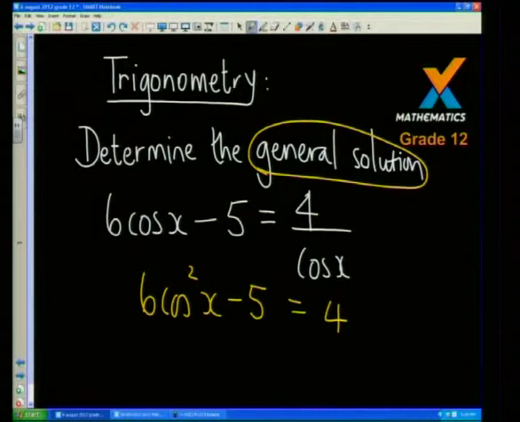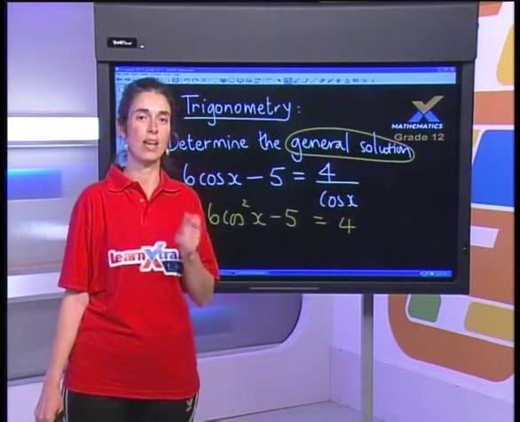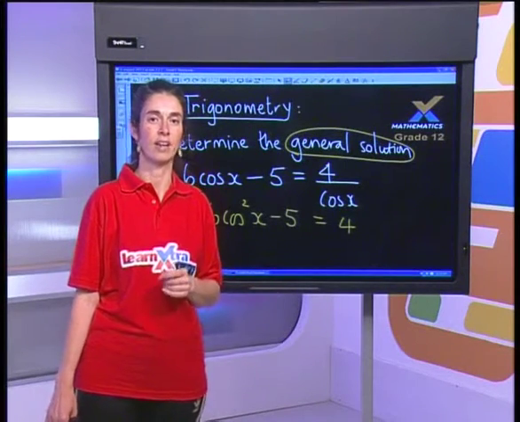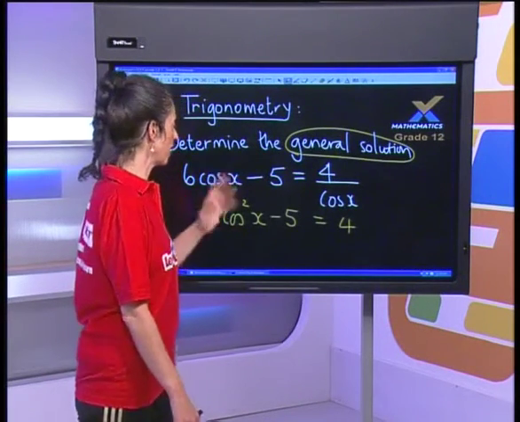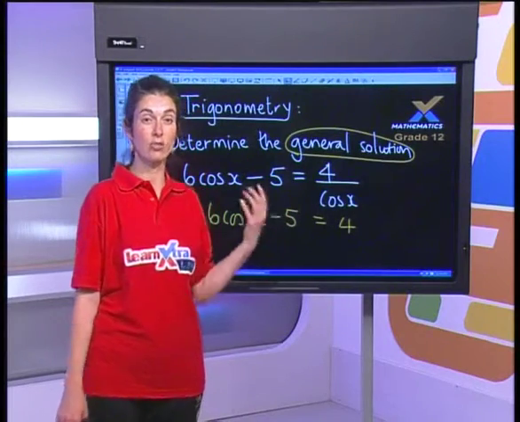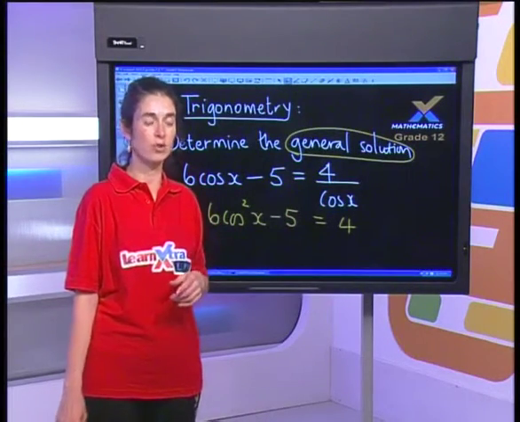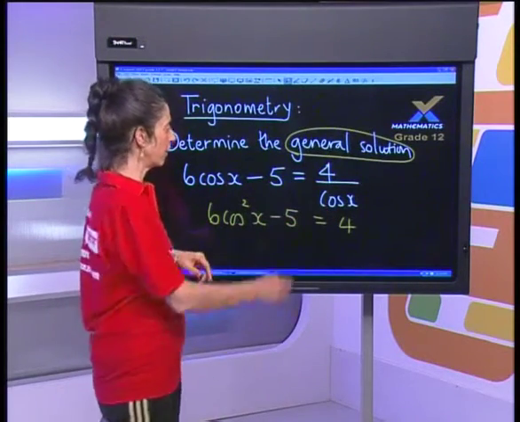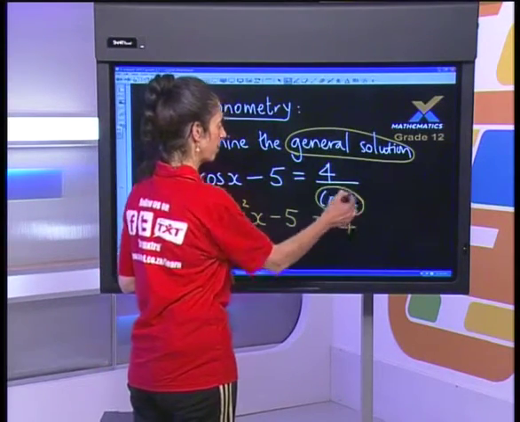There were many students out there who did that. So I want to alert you to some of the key areas that you need to focus on when solving a trig equation. Firstly, there's a lot of algebra going on, so it's not really the trig that's the problem, it's really the algebra. We've got some fractions hovering around, and we are definitely going to look at how to eliminate that cos x.